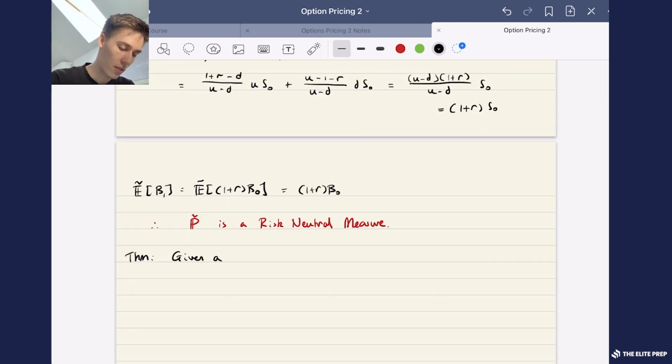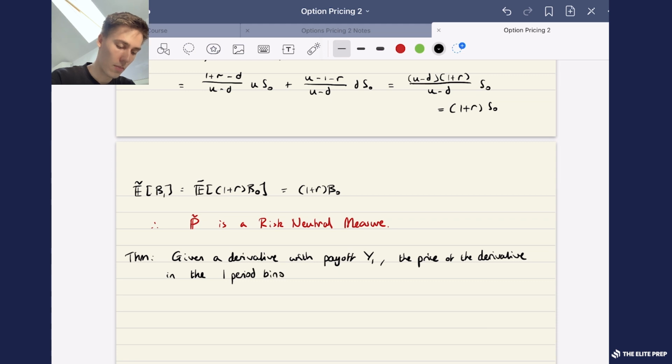Given a derivative with payoff Y1, the price of the derivative in the one period binomial model is equal to the discounted expected value of its payoff.